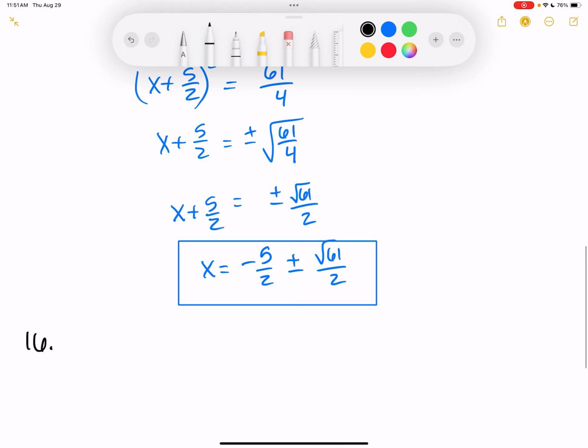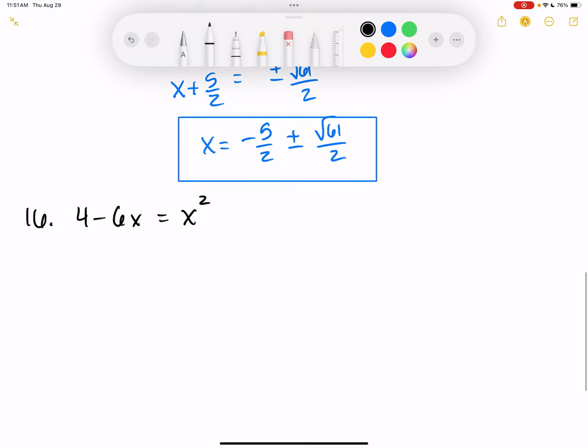16. I've got 4 minus 6x equals x squared. And I'm still completing the square, as the instructions tell me to do. So what might I need to do first?